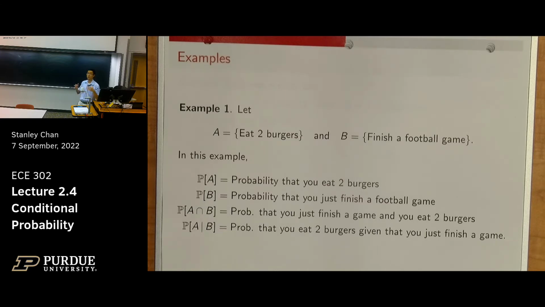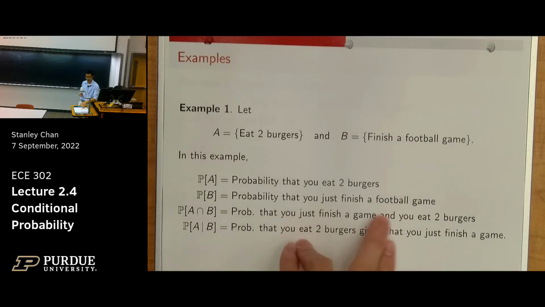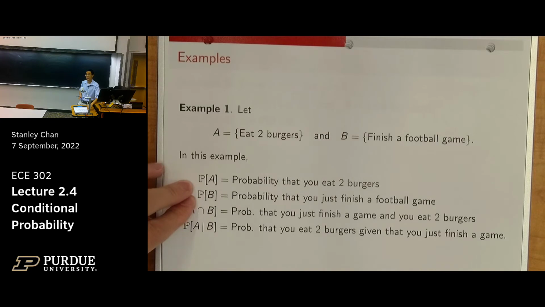That could be some number. Pretend that you really like burgers, go to Burger King, you get 2 burgers for a coupon, whatever. There's a certain probability. B is that you just finish a football game. The football game follows some schedule, so the probability that we finish a football game will be some number. So we can measure it. There are 2 different events.